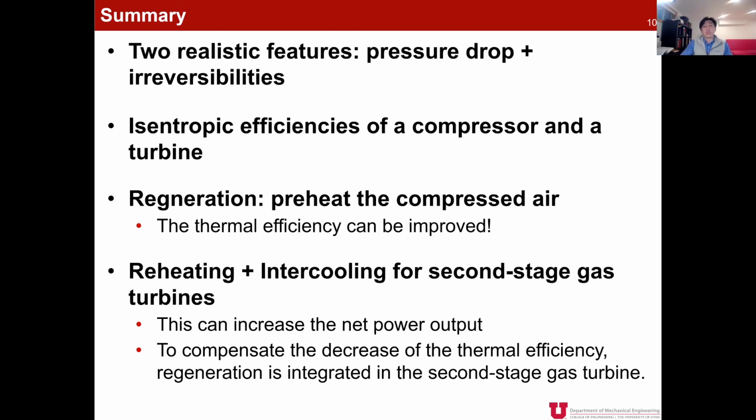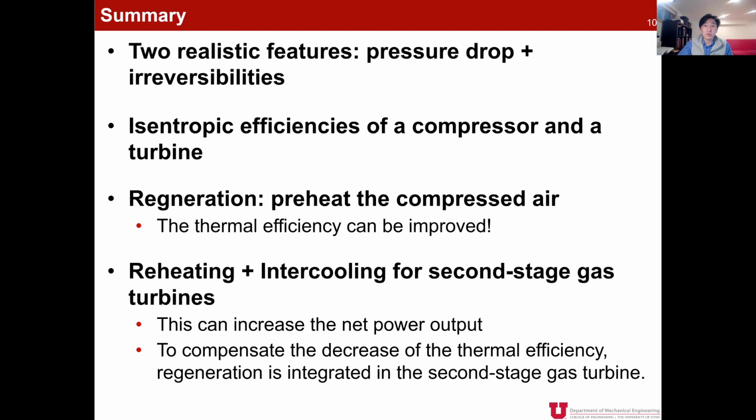We also learned the regeneration. The purpose of using a regeneration is to preheat the compressed air from the exhaust gas to improve the thermal efficiency of overall gas turbine system. Also, there is another way to boost up the power output, which is to use the reheating and intercooling for second stage gas turbines. So instead of having single compressor and single turbine, we can have multi-stage compressors or multi-stage gas turbines. And in between, we should put intercooler and reheaters.